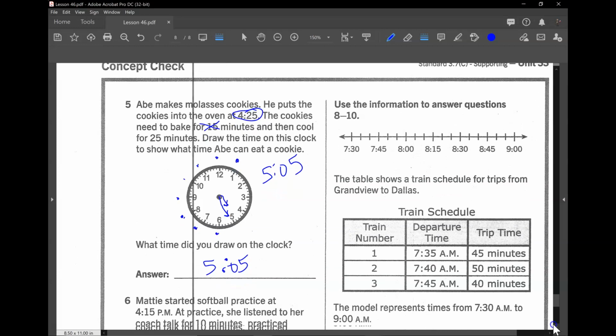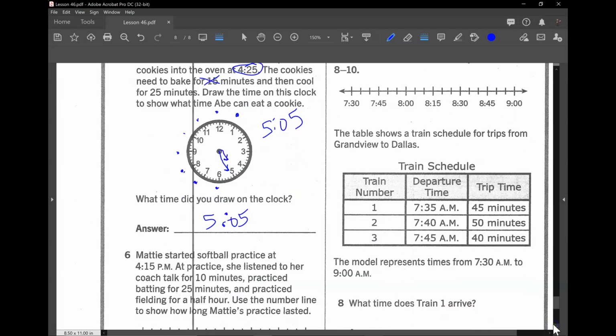Now on these, do what you can. If you happen to get done with the whole packet, you can get on BrainPop Junior. There are some assignments that I have assigned. There's one about perimeter, and there are a few on time.